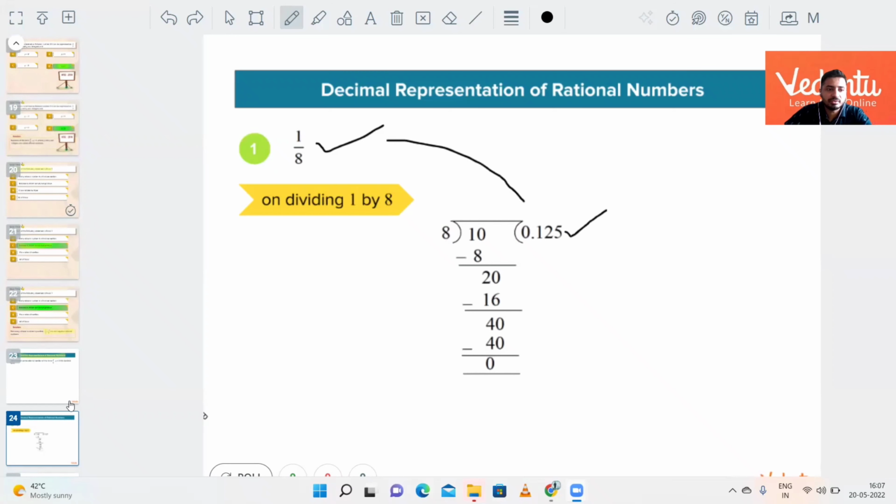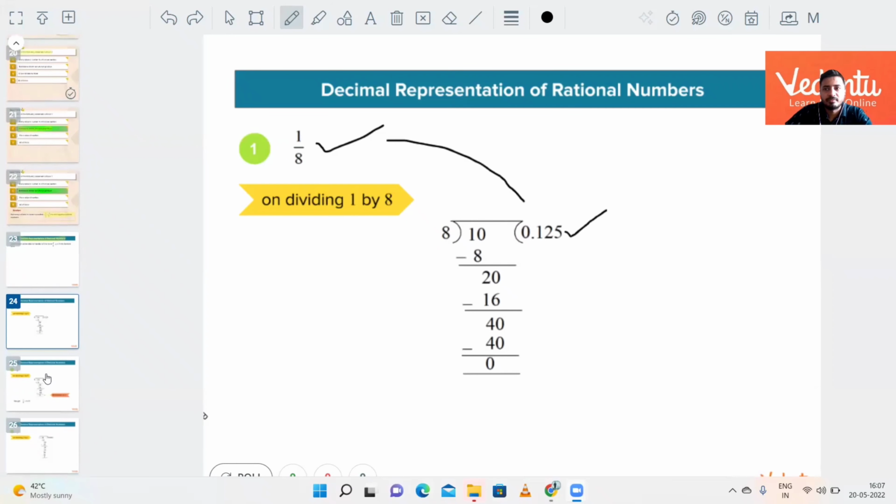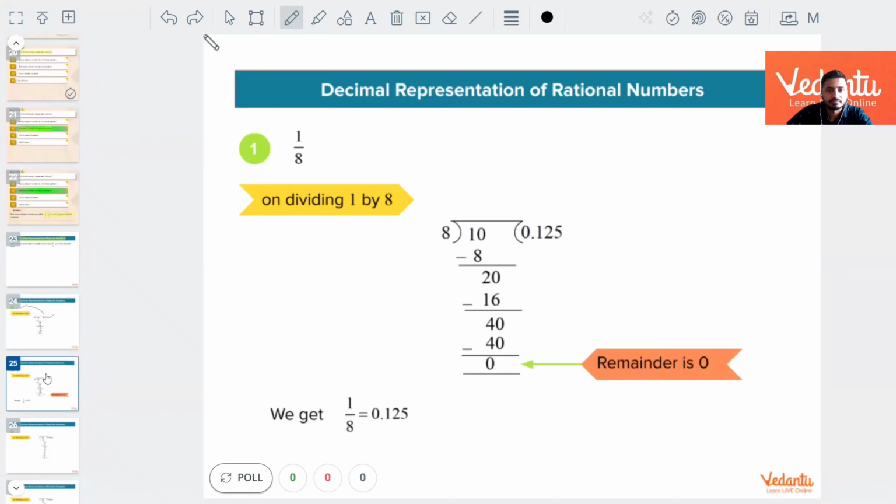Can we move to the next one? As the remainder is 0, we already know that. And what is the answer? On converting 1 by 8, the answer is 0.125.